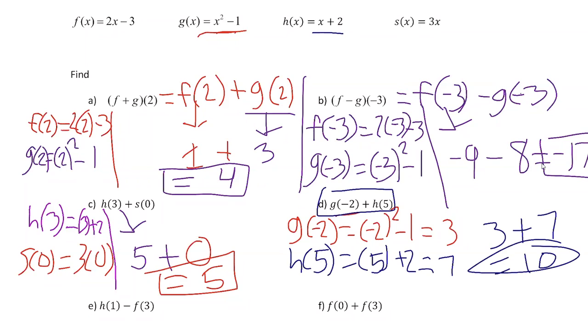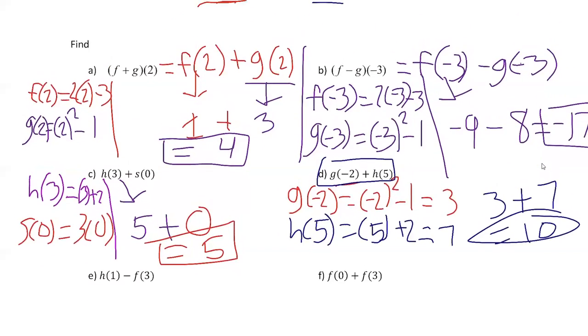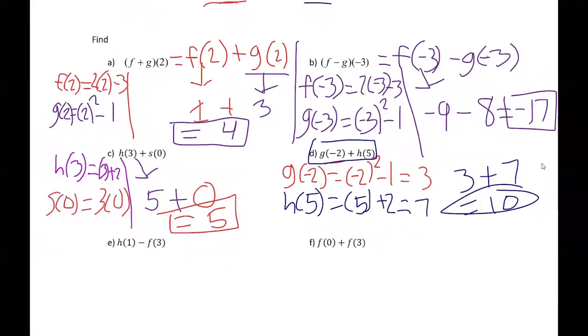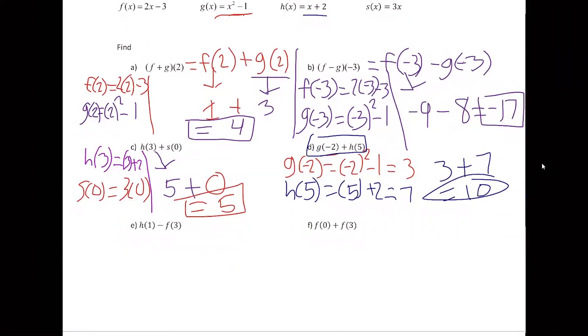Basically, with these ones where you're evaluating, you want to just do them separately. And then with your answers, you're either going to add or subtract them based on what the question's asking. So let's look at these last two. For this one, h of 1, you'd plug it into here.